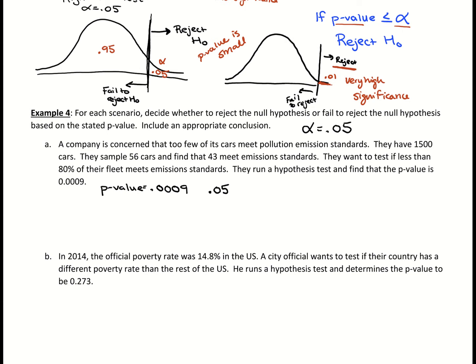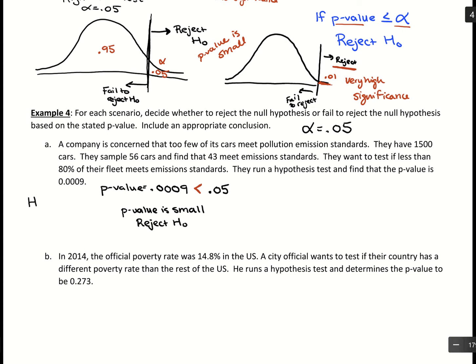And what you want to do is figure out what symbol goes between them, which is small, which is large. Now in this case, p-value is small. So we're going to see p-value is small, which means we reject the null hypothesis.